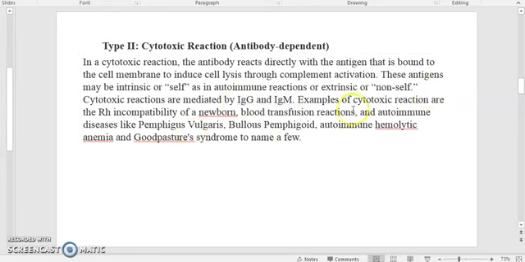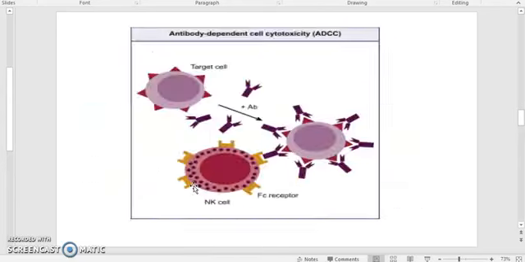And second is the type of antigen. In type 2, two types of antigens may be involved: one is a cell that shows an autoimmune reaction, which may be intrinsic in nature, and the other is extrinsic antigens, which are recognized as non-self.